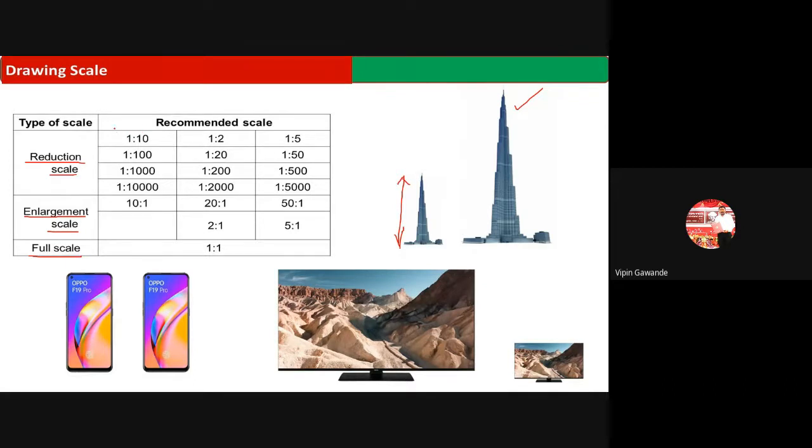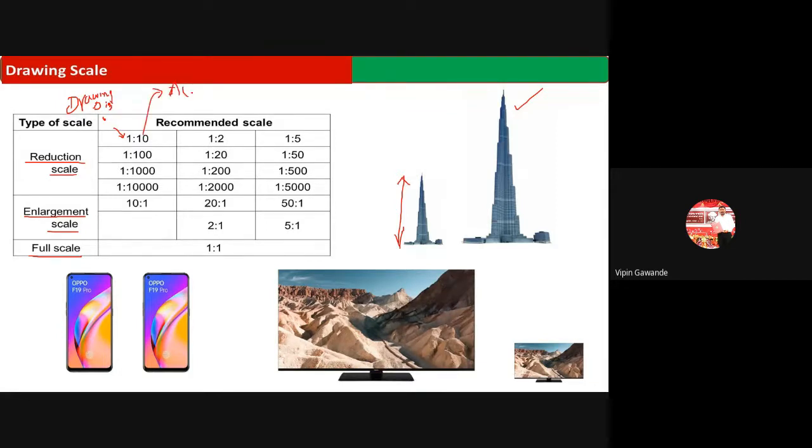In the scale notation, the first number is the dimension on the drawing, what we are drawing on the drawing sheet. The second one is the actual dimension.